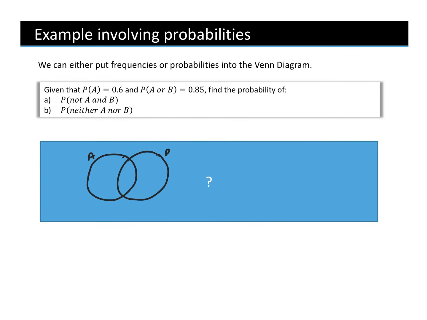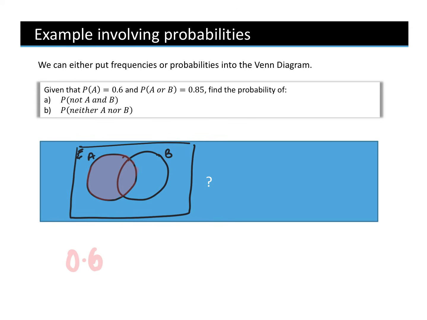One represents A, one represents B. Now remember as well, we've got the universal set on the outside. Now it says, given the probability of A is 0.6, this means this whole area equals 0.6. Because it's the probability of A, and A is this circle.